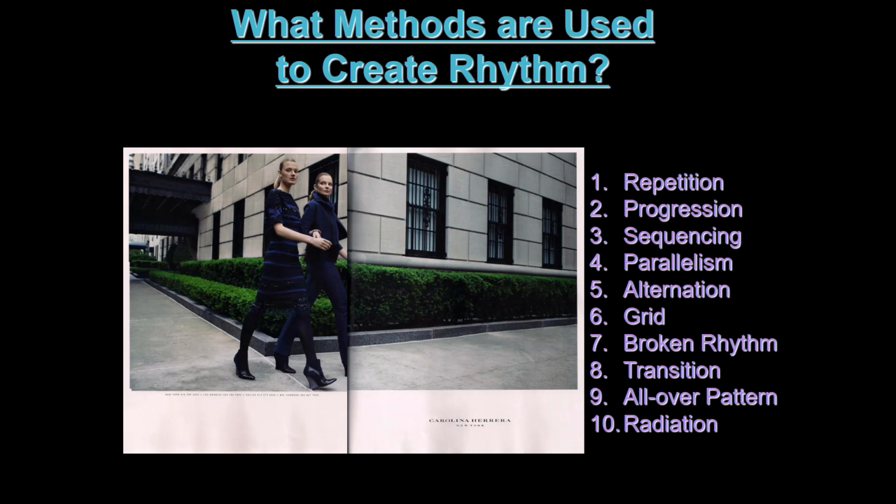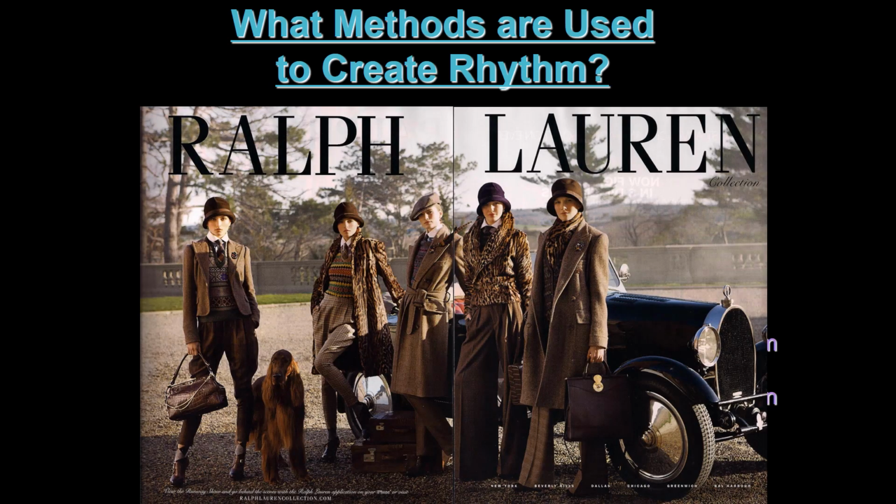So again, we could really analyze these images to death. I'm sure you might start to feel that way. But it's pretty fun. It's like playing I Spy. And soon you guys will be masters of all these different elements and principles of design.